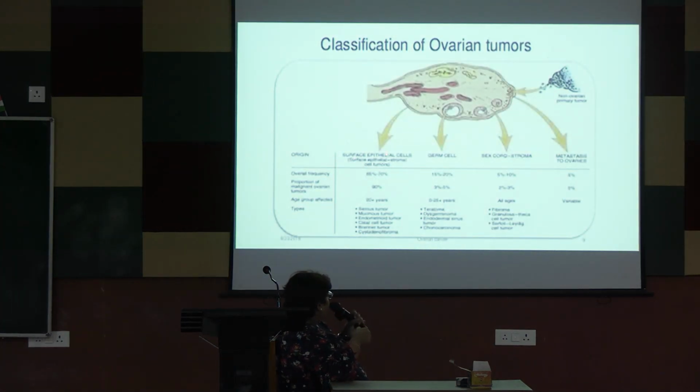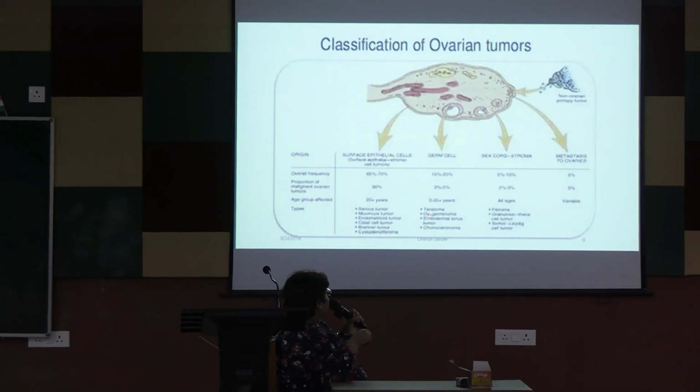Now, as I told, there are surface epithelial cell tumors. These are the most common tumors. Then the germ cell tumors, then the sex cord-stromal tumors, and other tumors like metastasis. So in the epithelial cell tumors, there are the serous tumors, mucinous tumors, endometrioid, clear cell, Brenner's tumors.